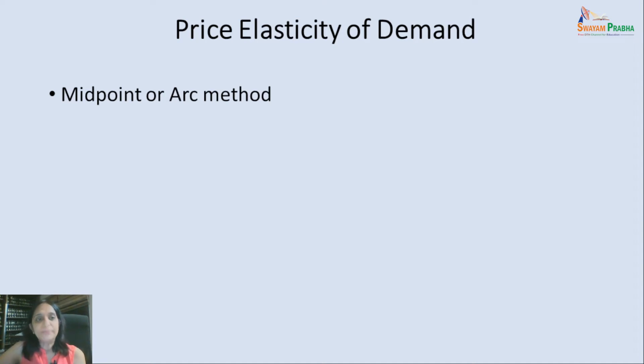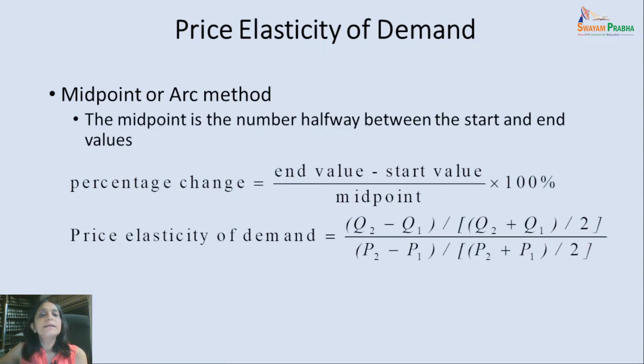One major method of finding elasticity of demand is called the midpoint or the arc method. What does it say? The midpoint or arc method says that we need to find the elasticity of demand by finding the midpoint of both the prices and the quantity demanded.